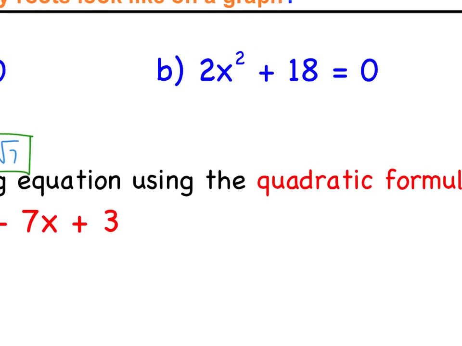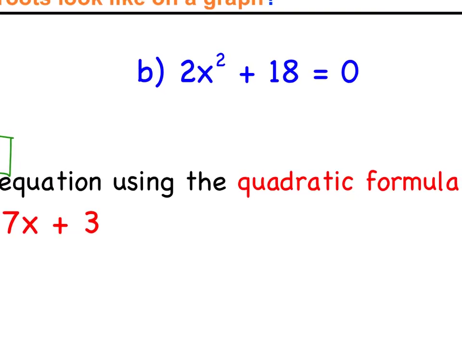Pretty easy. Then looking at the next one, in the same fashion, we want to get x by itself, so I'm going to subtract 18 here. That gives me 2x squared equals negative 18, and divide by 2. So x squared equals negative 9.